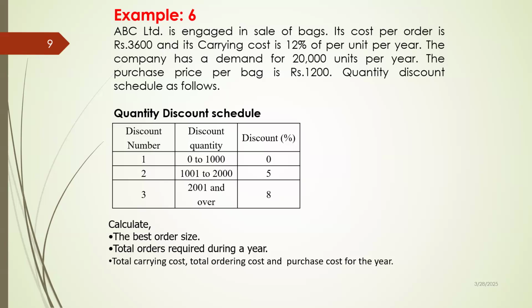This question: ABC Limited engages in sales of bags. Its cost per order is 3,600 and its carrying cost is 12% per unit per year. The company has a demand of 20,000 units per year. The purchase price per bag is 1,200 rupees. The quantity discount schedule is as follows: 0 to 1,000, no discount; 1,001 to 2,000, 5% discount; 2,001 and over, 8% discount.